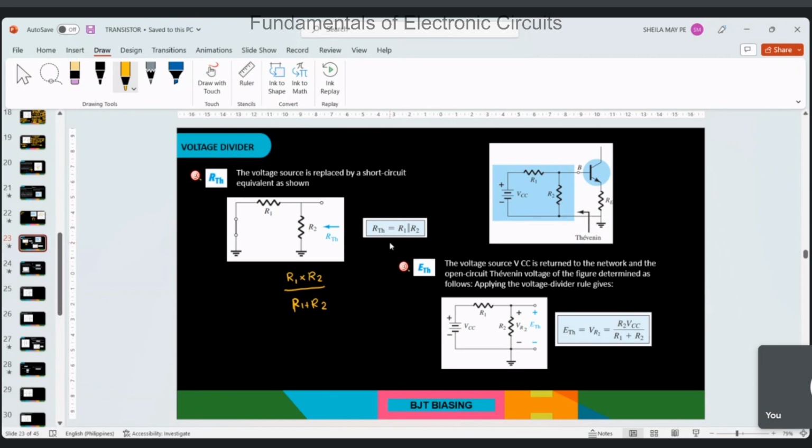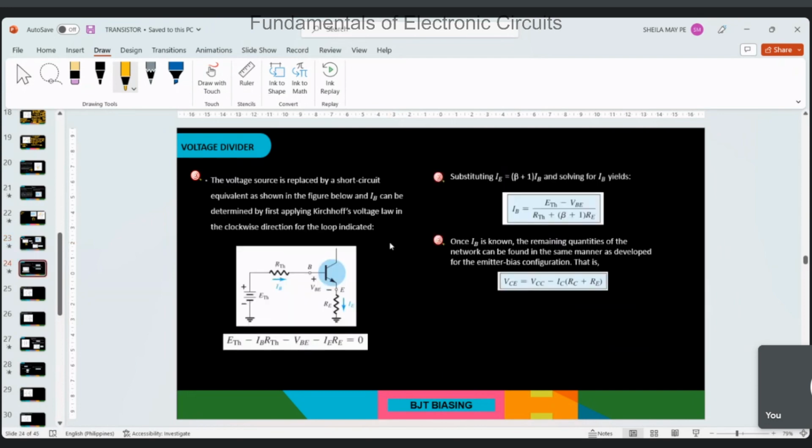Applying the voltage divider rule, it gives VB or ETH or VTH. That is the voltage drop across our R2, and it has the voltage divider formula R2 VCC divided by R1 plus R2. So that's how we can acquire or we can get our RTH and ETH.